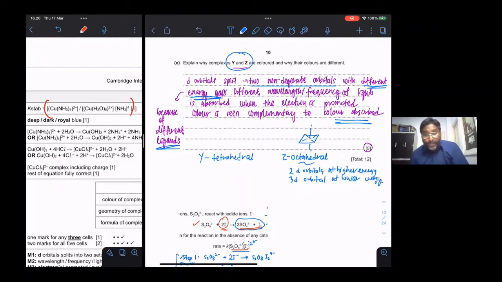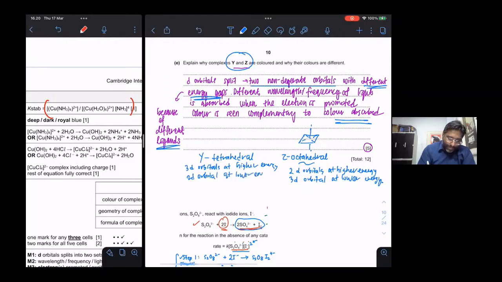For tetrahedral, you are going to have different. You will have 3 d orbitals at higher energy, and the 2 d orbitals will be at the lower energy. And for the 2 d orbitals that they are talking about, you need to also know what the orbitals are.